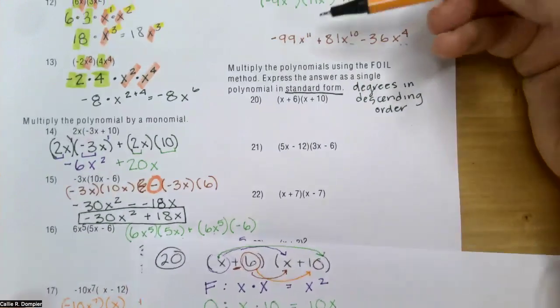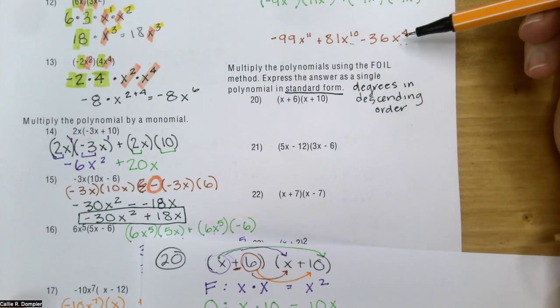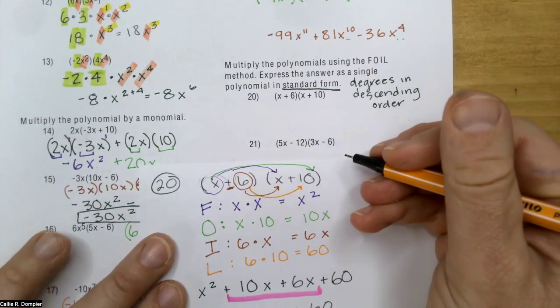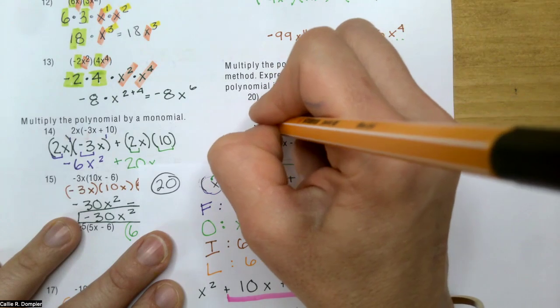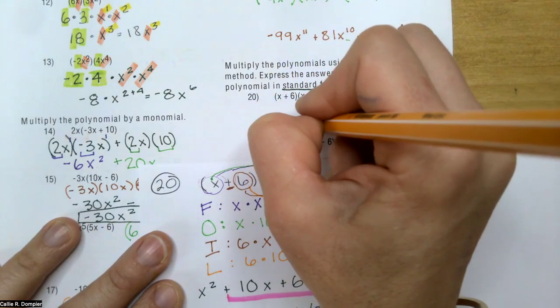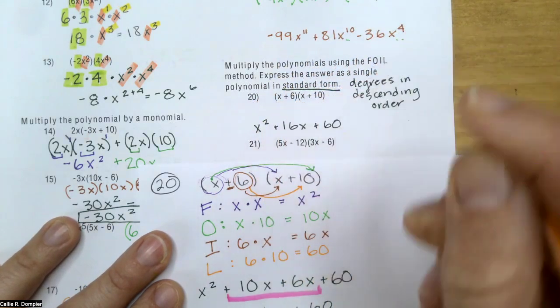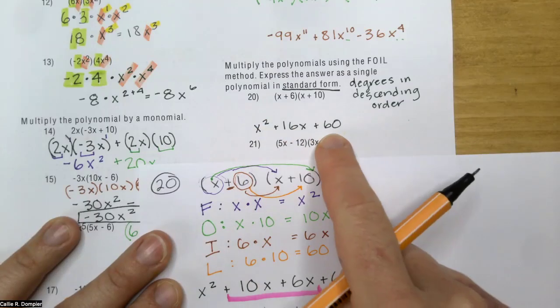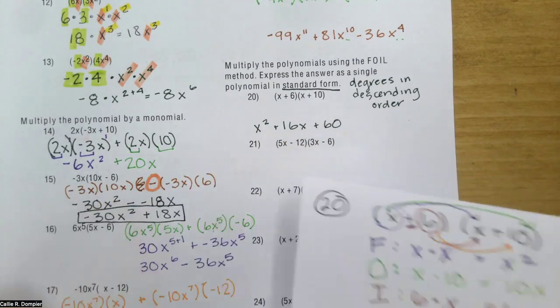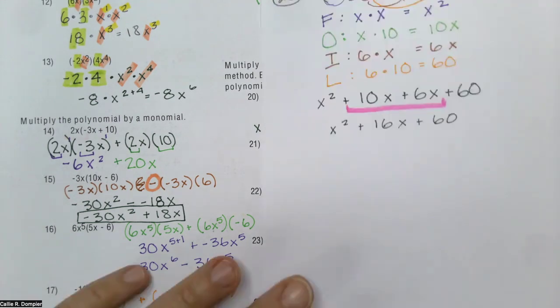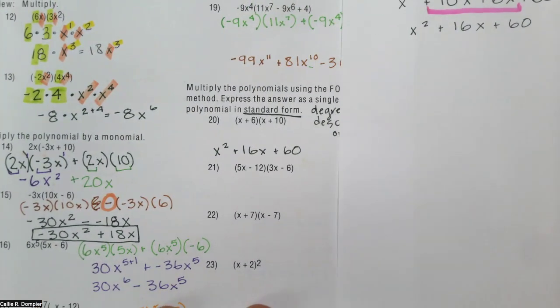Just like here, we have 11, 10, 4. Standard form would be x squared plus 16x plus 60, because we started with the biggest exponent, we ended with the constant. Good. All right, let's go on to 22.